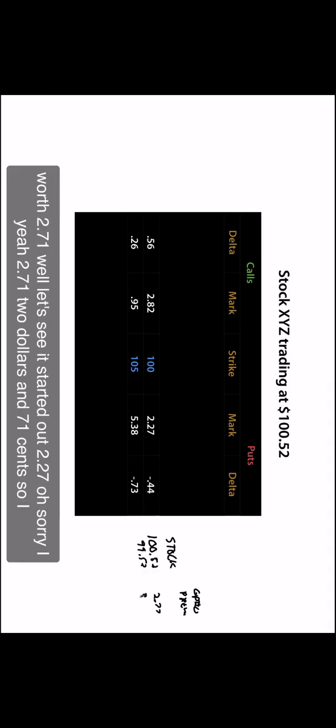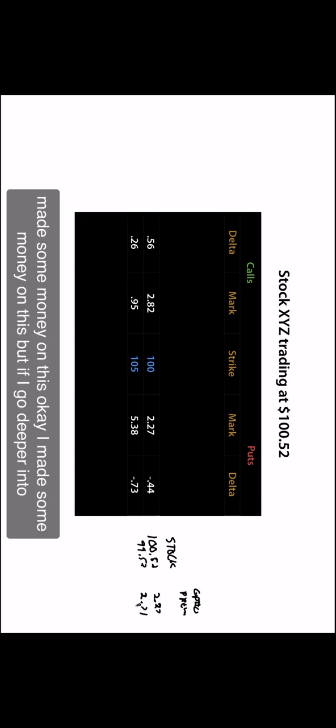If this thing were to drop to 99.52, we're going to get 44 cents for this option. So your option's now worth... well, it started out 227. Oh, sorry. 271. $2.71. So I made some money on this.